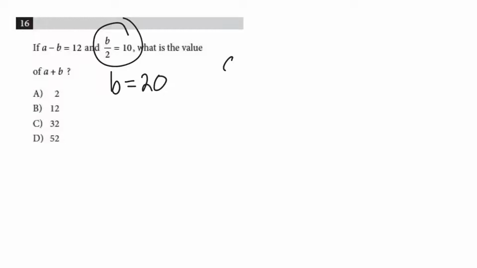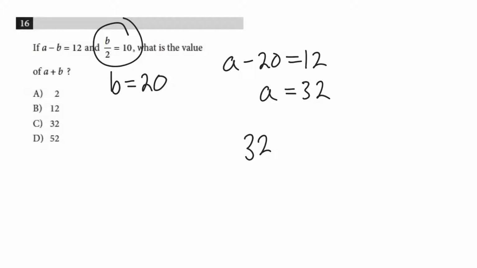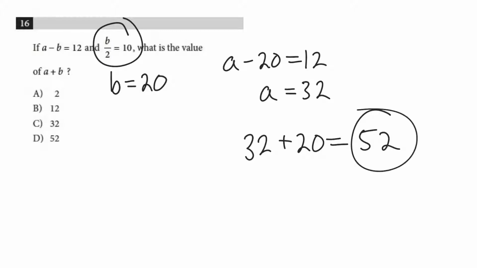Alright, well, if a minus 20 equals 12, then a, add 20 to both sides, must be 32. Alright, now I want to do a plus b. Well, that's just going to be 32 plus 20. That's going to be 52. So our answer is D.